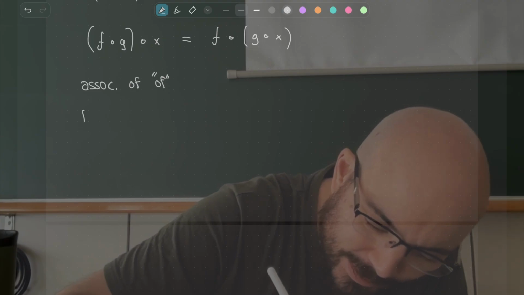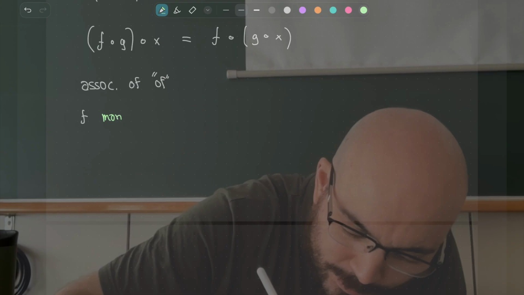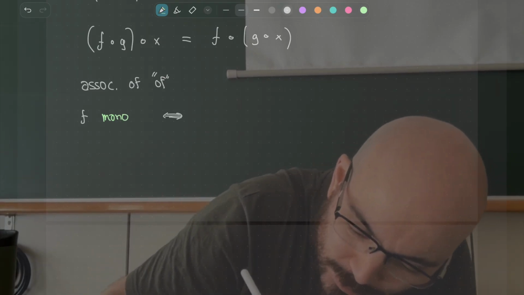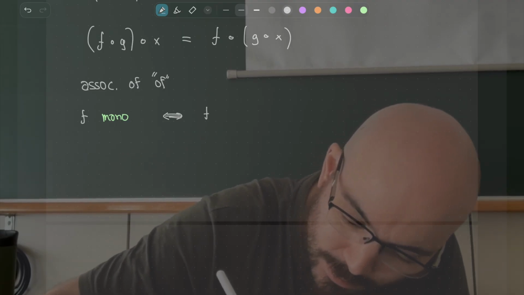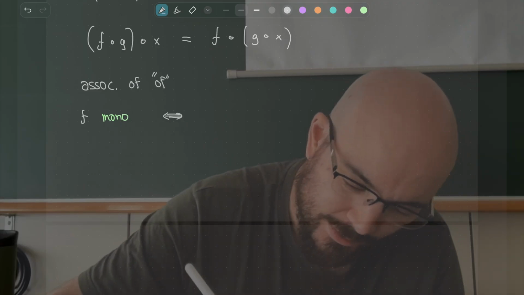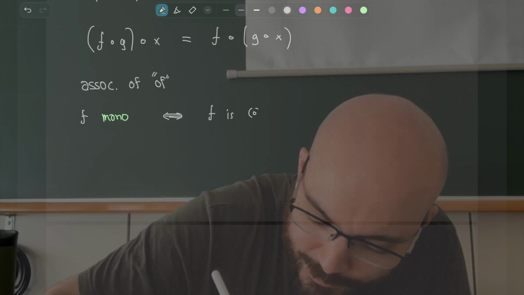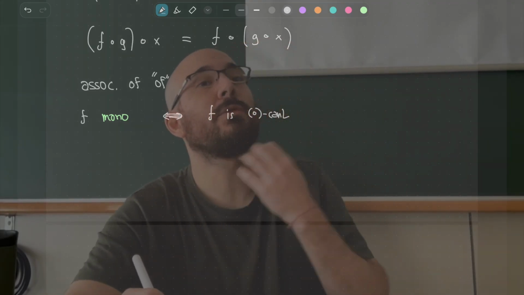So we have finally reached a monomorphism, or a mono. f mono means that f is left cancelable. Sorry, not f. Yes, f is left cancelable with this operation.